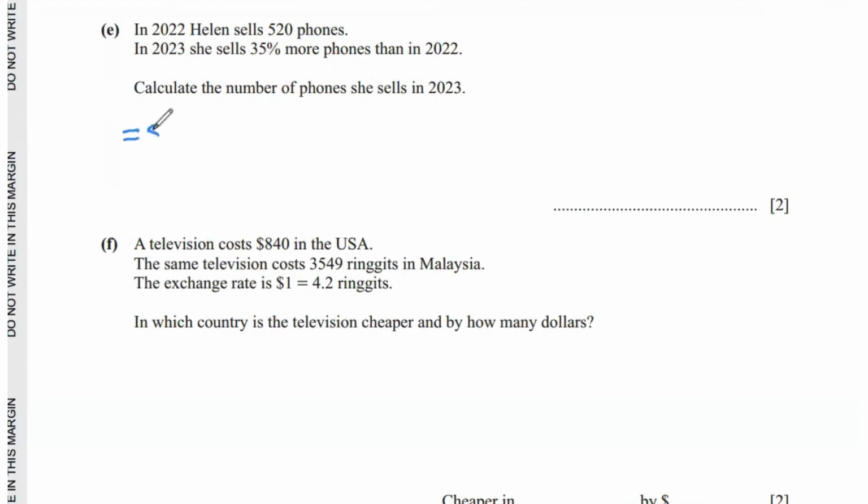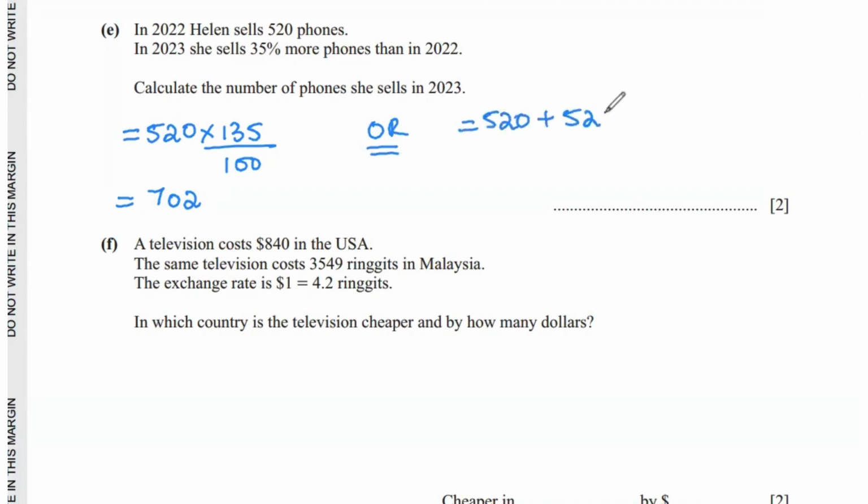If you find 135% of 520, that gives us 702. Or what you can do is 520 plus 520 times 35 over 100. And that also equals 702. Either way, your answer is correct.